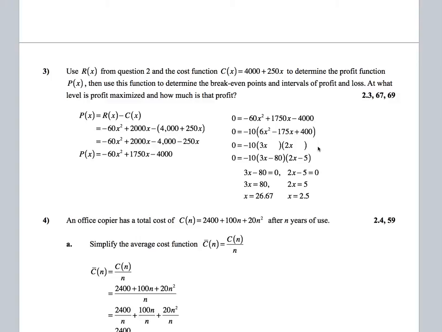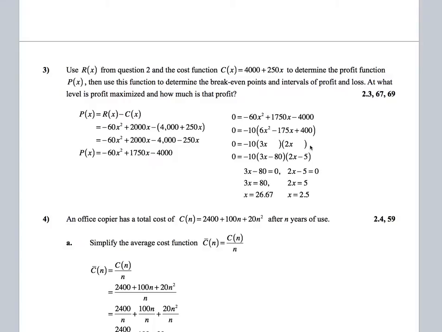This exact hint is given on your test. So I don't know if you want to use the AC method or this guess and check method that I discussed in class, but I will tell you on the test what these two terms are going to be.